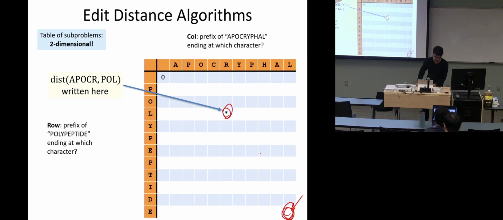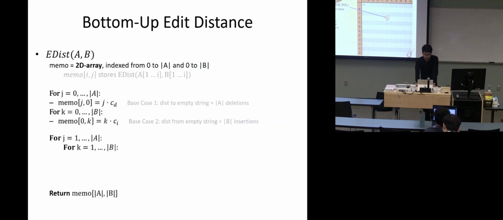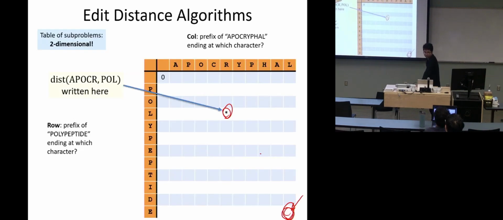Okay, good. So now you see you have a table that makes sense. Each entry in the table is just the solution of a subproblem that you need to compute, and that's everything that you ever need.